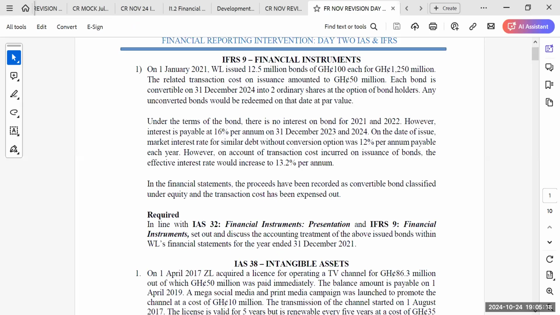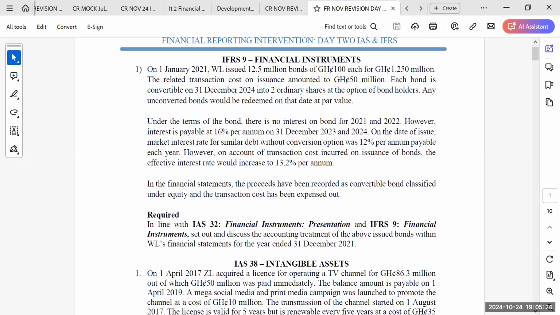So what we do is we now calculate the finance cost. What is the rate that we are going to be using to calculate the finance cost? 13.2, the discount factor rate.